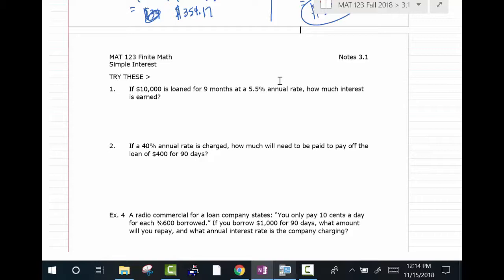Okay. $412.50 on the first one. Is that what I'm seeing for most of you here? Okay. And then the second one, you're going to have to do the amount that you're paying off. Good. So what you got?